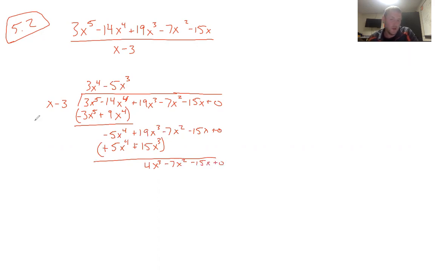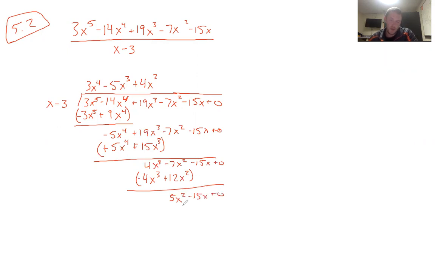Keep going. So x times what is 4x cubed? That'd be 4x squared. Again, multiply this by both. So that'd be 4x cubed, and that would be negative 12x squared. Change the sign. You want to subtract them, so minus plus. So that would be 5x squared minus 15x plus 0.